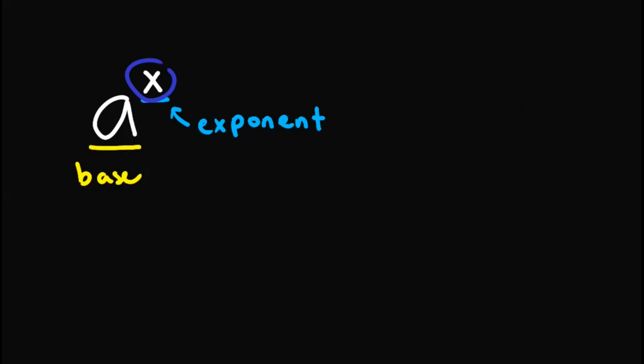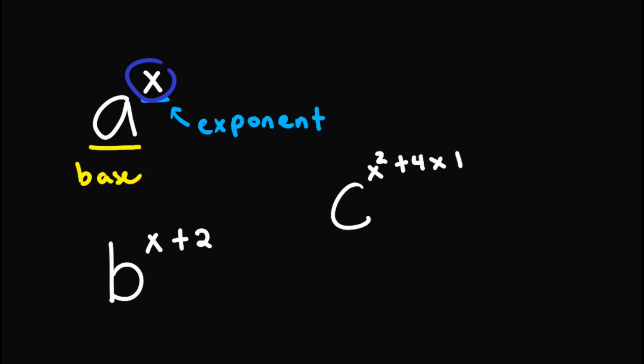It can also be an expression such as b raised to x plus 2 or c raised to x squared plus 4x plus 4. So we will be dealing with these types of expressions in our examples.